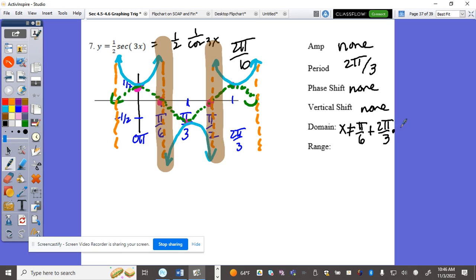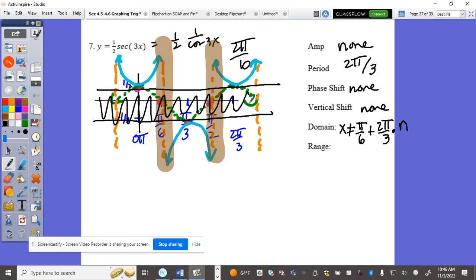A lot of numbers that never end, and those are the integers, so that's why you have to put an n beside the period, okay? And the range here, you know that you don't have a graph between negative 1/2 and positive 1/2. On this area, it's clear there's no graph there, so it's from negative infinity to negative 1/2 bracket, union with bracket of 1/2 to infinity, okay?